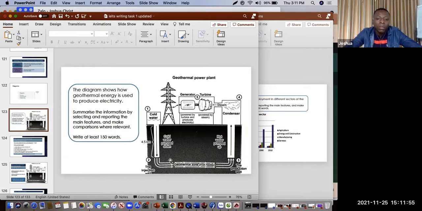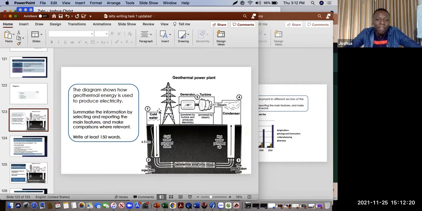So of course, one thing that you need to take note of is that usually with diagrams talking about a process, you will see the numbers there. So you have the stages, stage 1, 2, 3, 4, and 5. So you need to take note of them.